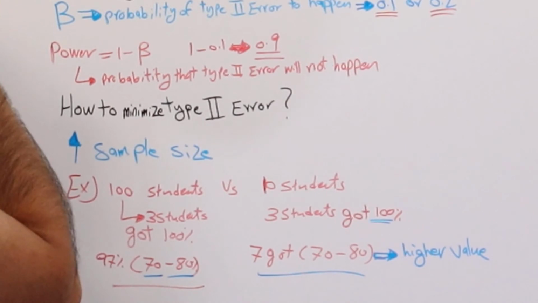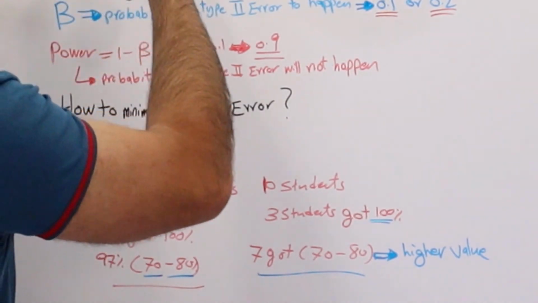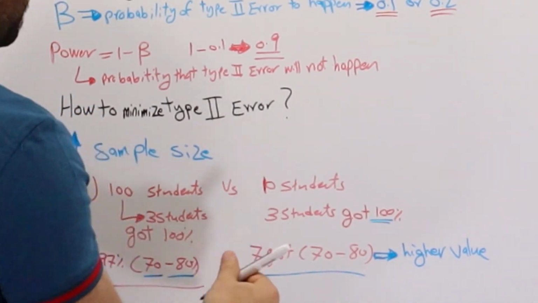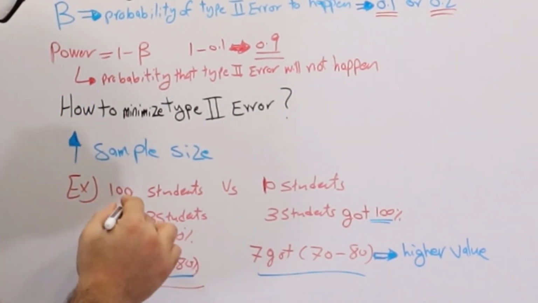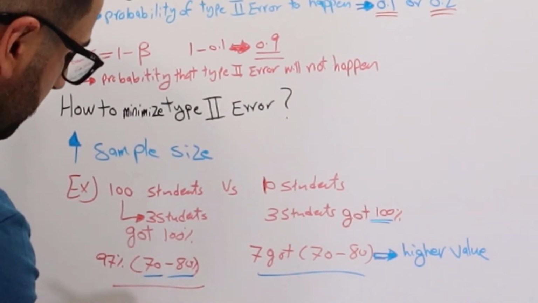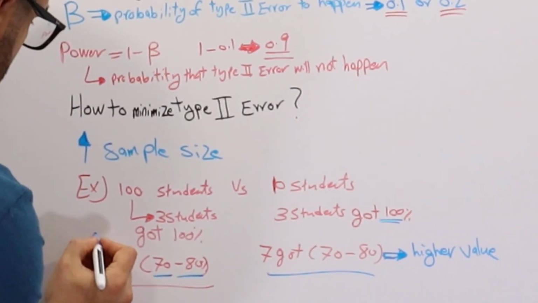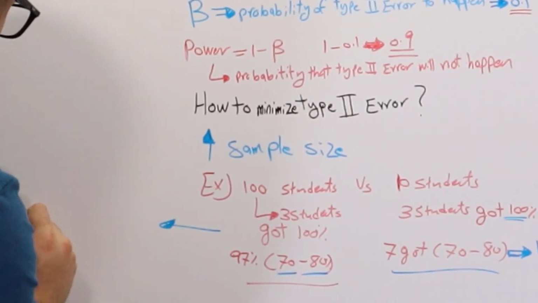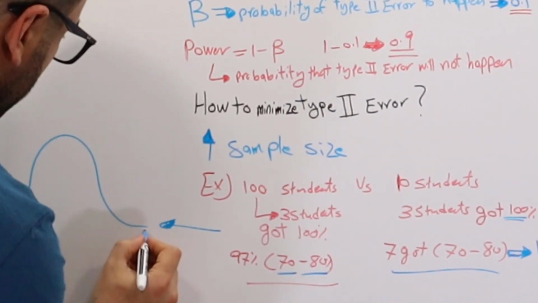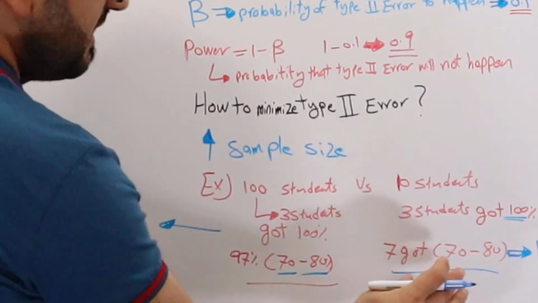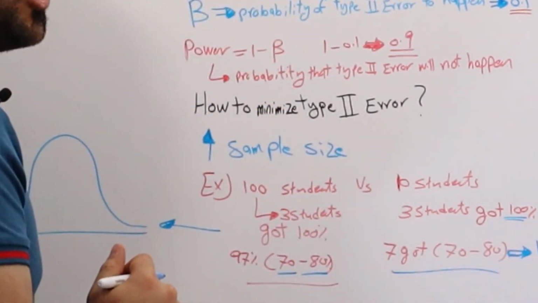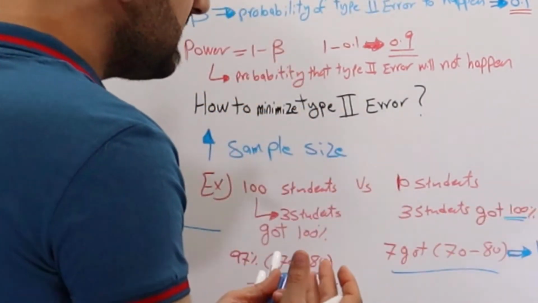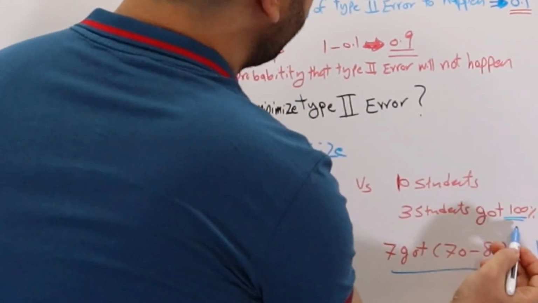And this is why type 2 error can happen when we have a small sample size. It's because when we have a larger sample size, we can have a normal distribution curve. In this case, it's not going to have a normal distribution curve. It's going to be skewed because we have a small sample and we have an outlier.